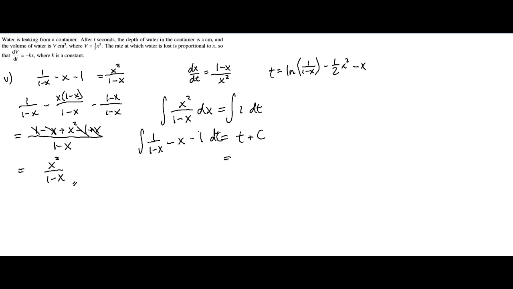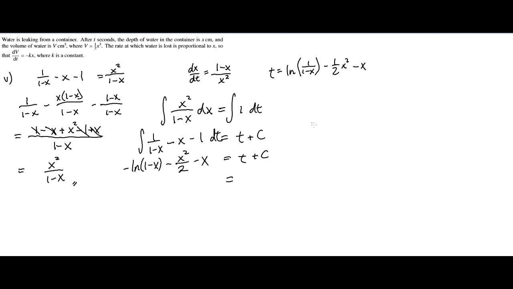So the integral of this side will be equal to natural log of 1 minus x multiplied by negative 1, then integrate x is just x squared over 2, then minus 1 is minus x, equals t plus c. And we need to solve for c.